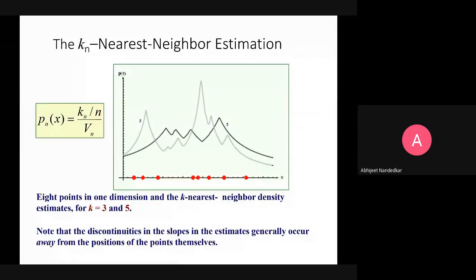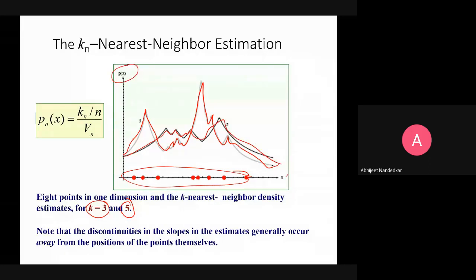Now here you will find there are some eight samples, spread like this. Suppose I put k equal to 3, then you will see that the estimation is something like this. And if I increase to, say, 5 neighbors, then a smoother version appears as your estimation. So this is p of x and these are samples.